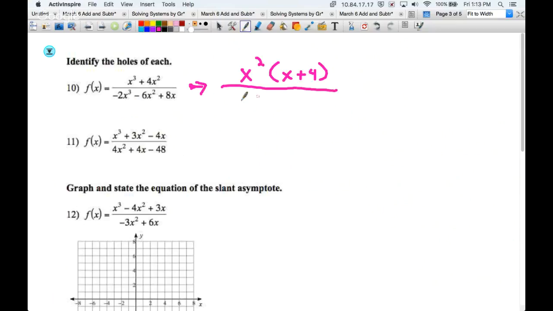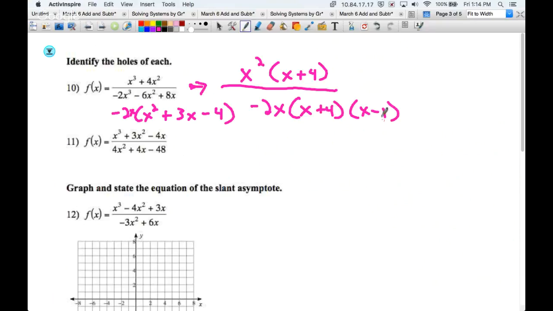On the bottom, I can take out a -2x, leaving behind an x squared plus 3x minus 4, and then that's going to factor. Two numbers that multiply to be -4 but add to be 3 are going to be 4 and -1.